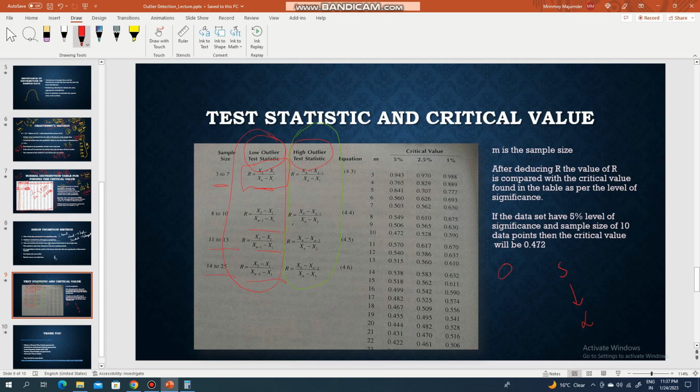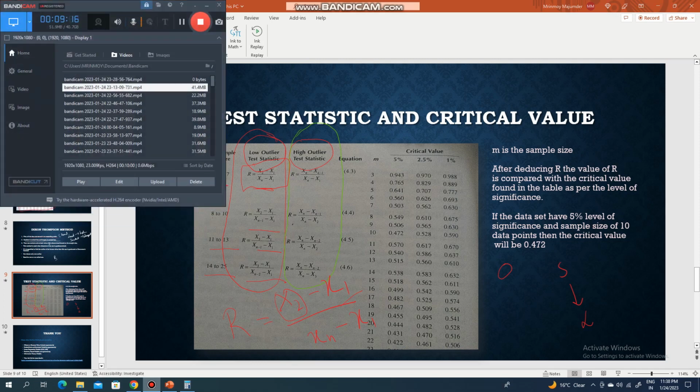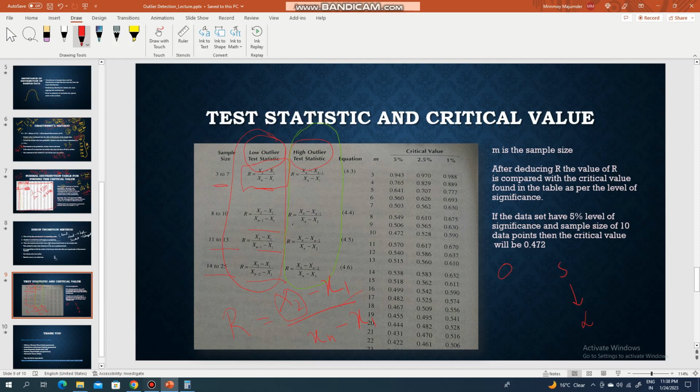So to detect the smaller value outliers, or low outlier, how to calculate R? I will just write it again. R equals x2 minus x1 divided by xn minus x1. x2 means the second data point of the data you have arranged from smaller to larger values. x1 is the first value of your data, that is the smallest value. xn is the largest value of your data, the nth value.